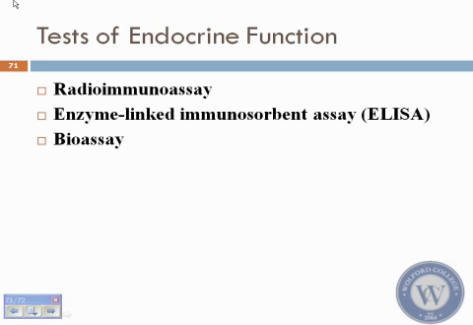Just know that you do have ways of testing these individual hormones in your bloodstream. We can do what's called radioassay, enzyme-linked immunosorbent assay, and bioassay. So there are different ways of measuring levels of these hormones. If you're an endocrinologist, you need to learn all that, but I don't think you need to at this point.